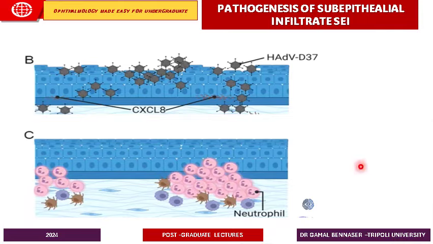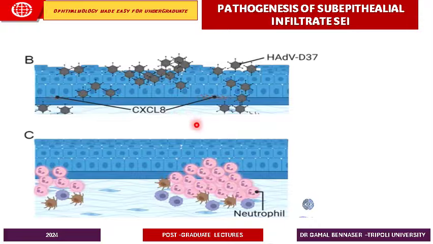Now, if we study the exact pathogenesis of this subepithelial infiltrate, when the virus infects the epithelium and multiplication happens within the substance of the epithelium, it releases certain chemokines and antigens known as CXCL8. This is related to the adenovirus.